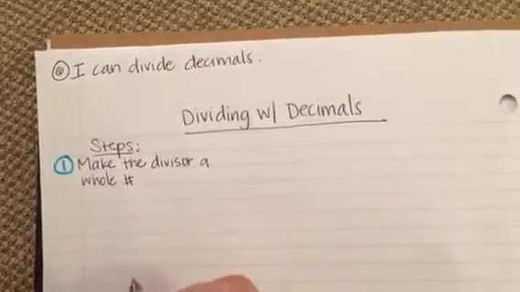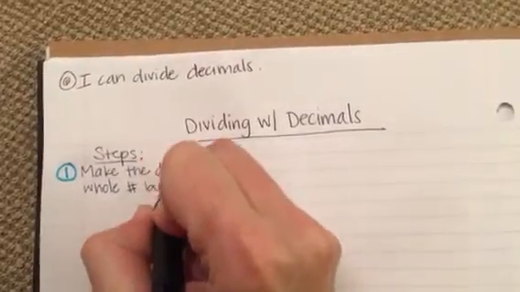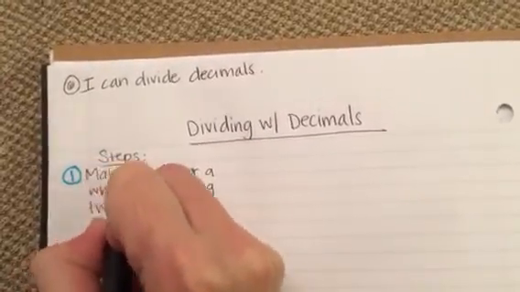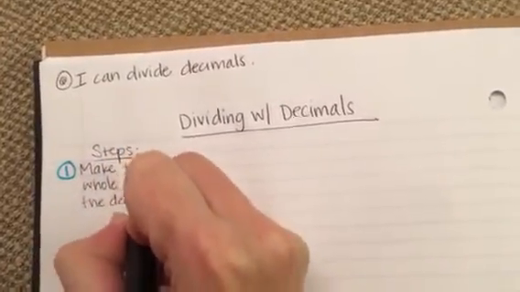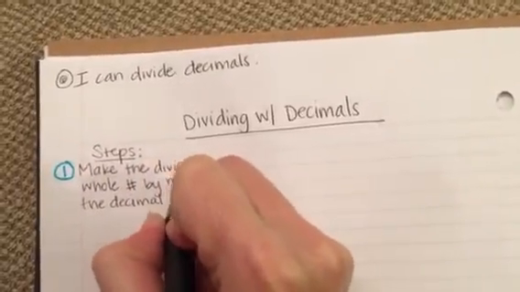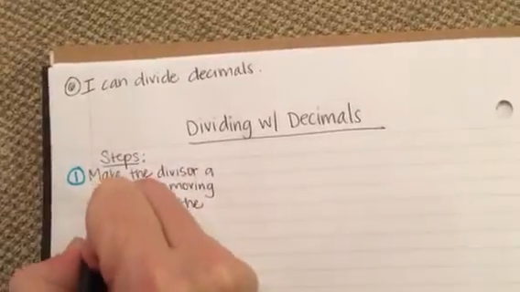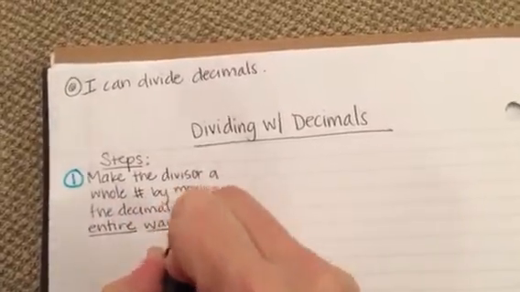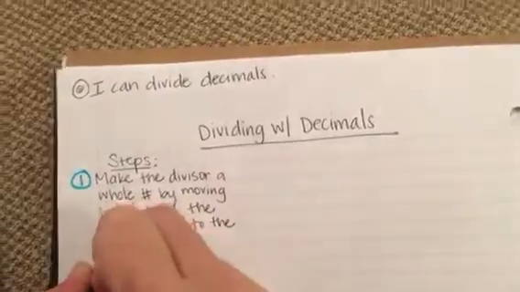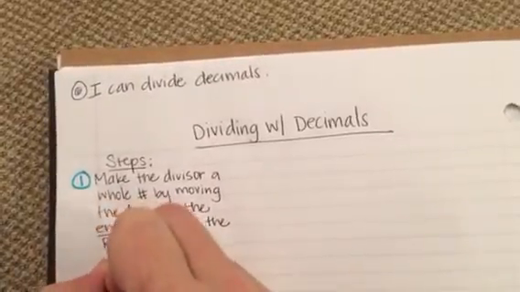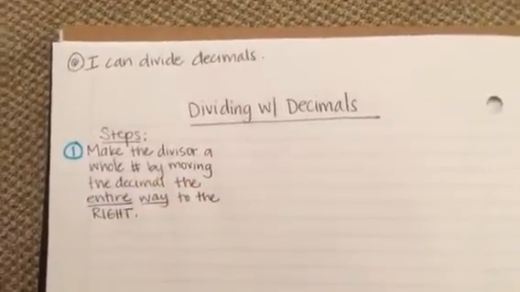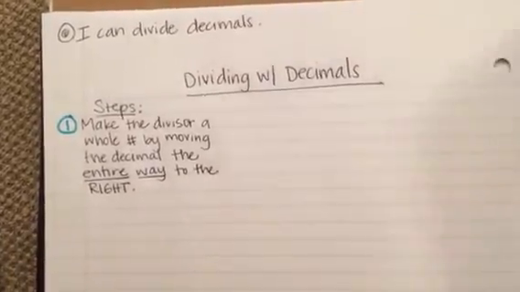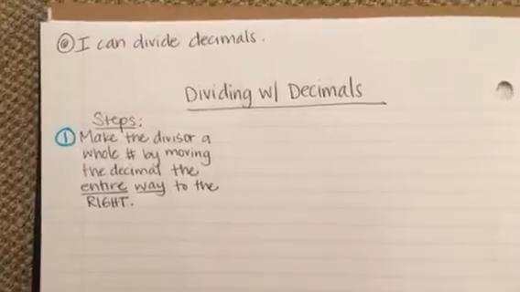Make your divisor a whole number by moving the decimal point, or the decimal, the entire way to the right. We're going to do some examples with these in just a few minutes. So that's step number 1. Feel free to pause the video at any time to write down these steps.